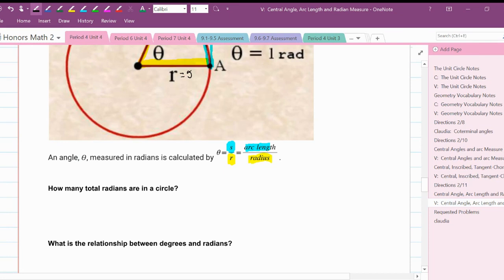So let's start with the total arc length of the circle. And that would be 2 pi r, right? That's the whole entire circumference, or the complete arc length of a circle. And then we would put that over the radius, and we get 2 pi. So there's 2 pi radians in a circle.